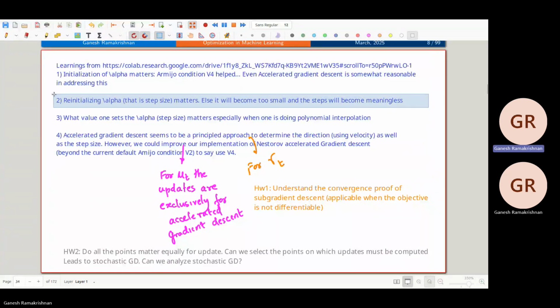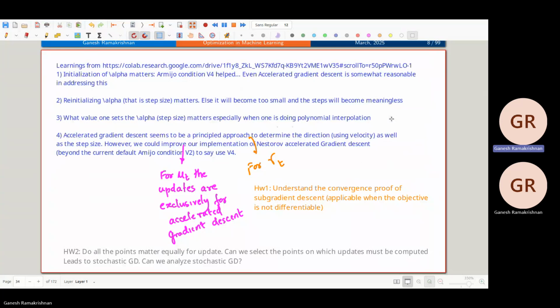There is another aspect to reinitializing alpha. One is the step sizes can become very, very small. That's why it's sufficient decrease. Make sure that your step sizes are not too small either. The third observation is that, especially if you do polynomial interpolation, I didn't talk about it, but you can also do some polynomial interpolation across, let's say, the last few step sizes, gamma naught, gamma 1, gamma 2.